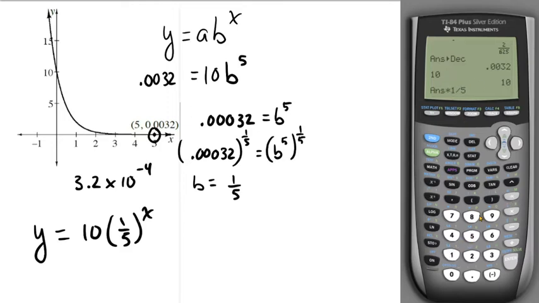Now the calculator is going to treat these as a decimal, so there's 1, 2, 3, 4, 5. I'm very convinced this is correct because when I plug in 0 for x, it gave me 10. And when I multiplied that 10 times 1/5 five times, I can see on my calculator that's equivalent to 0.0032. Let's move on to our next problem.